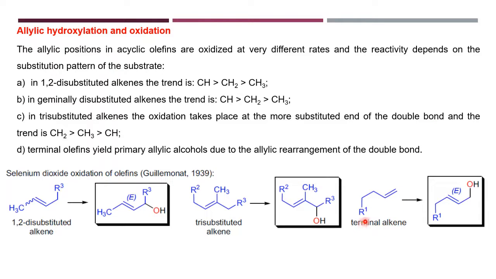Again, when you are given a terminal alkene, it leads to the formation of what? Allylic alcohol. And there is a rearrangement. So this bond will come here to this position and the OH will be joined at this terminal CH2 group.